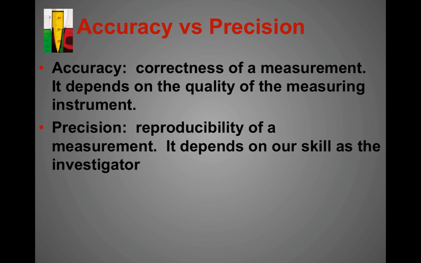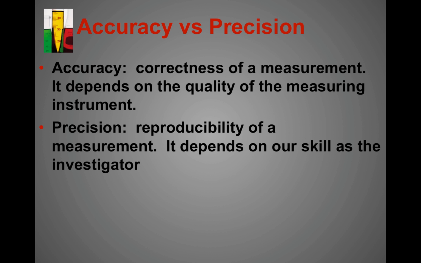Precision, on the other hand, is reproducibility. How many times do you get the same answer? In other words, if I ask you to find the mass of a penny, precision would be your ability to get the same answer every time. It depends on our skill as the investigator.